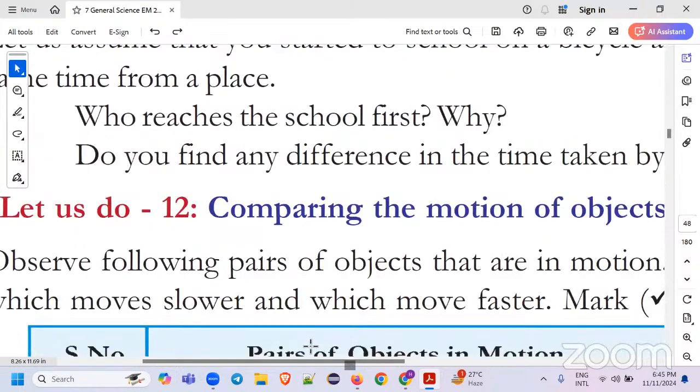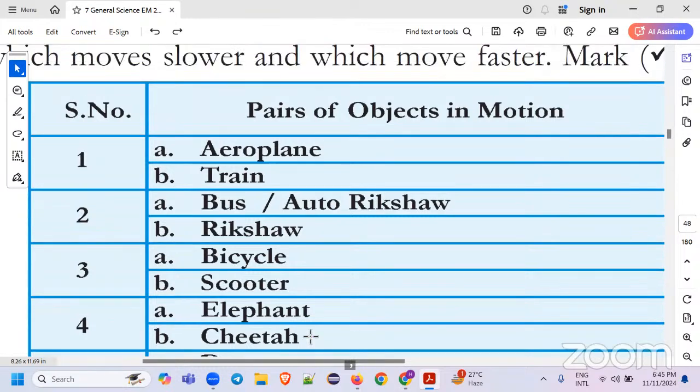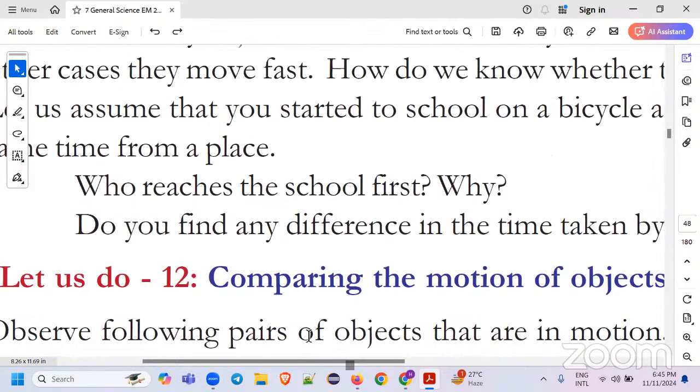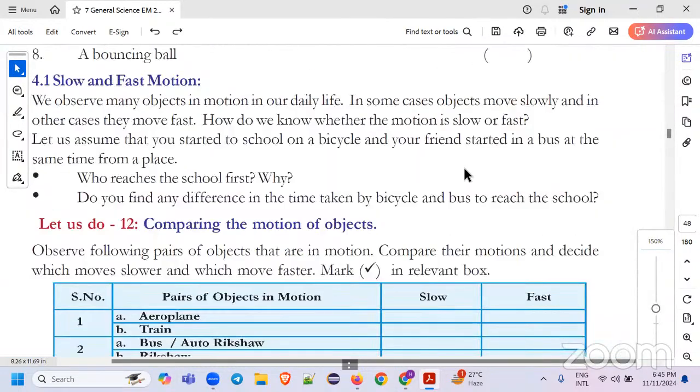So now we are coming to compare the speed. What is speed? Which is moving faster and which is moving slower, that we have to see.